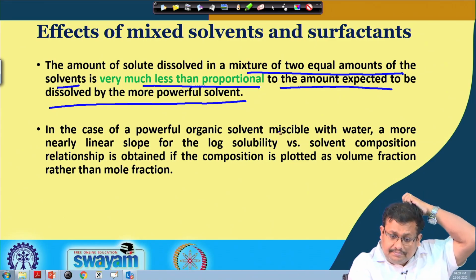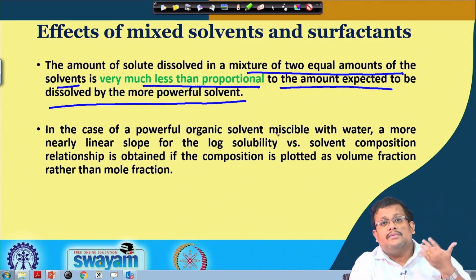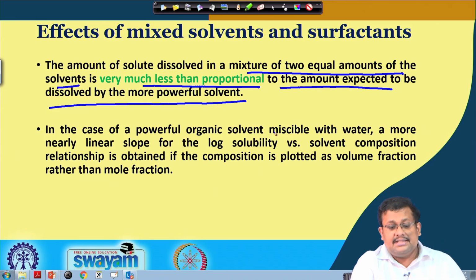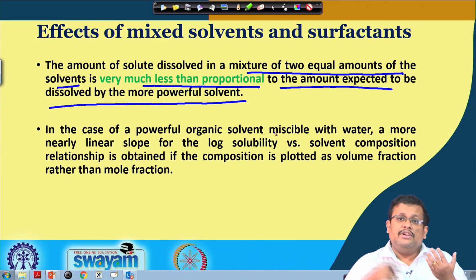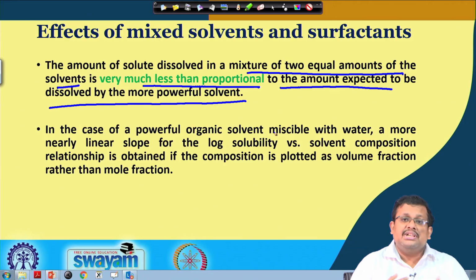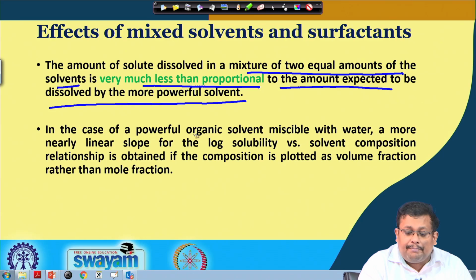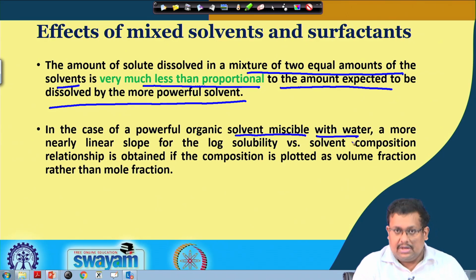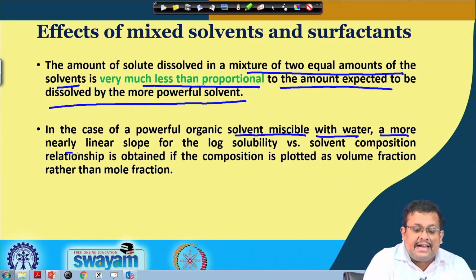So, obviously, when the third substance is expected to show high solubility in a particular solvent, and we mix that solvent with another solvent in an equal amount, then the solubility of the third substance gets substantially reduced.